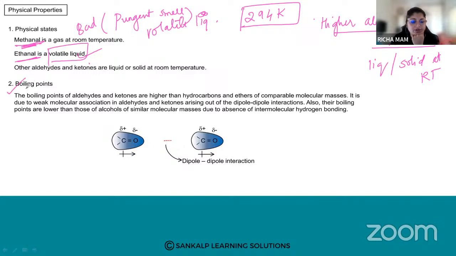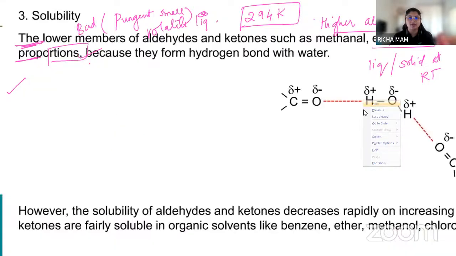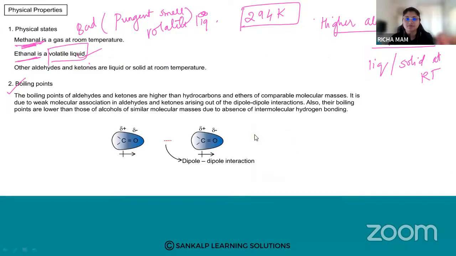So next is your boiling point. If you compare the boiling points, I will give you a table with compounds, boiling point and molecular mass.